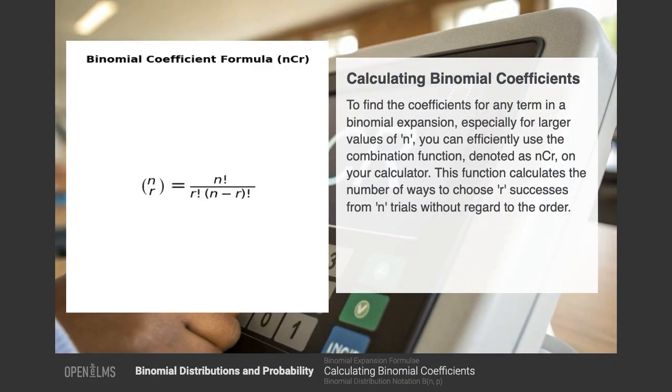Calculating binomial coefficients. To find the coefficients for any term in a binomial expansion, especially for larger values of n, you can efficiently use the combination function, denoted as nCr, on your calculator. This function calculates the number of ways to choose r successes from n trials without regard to the order.